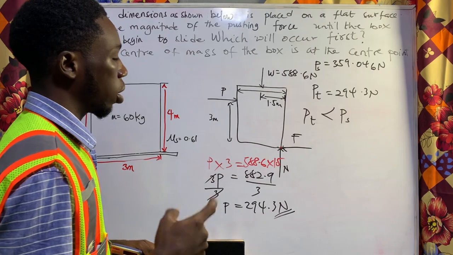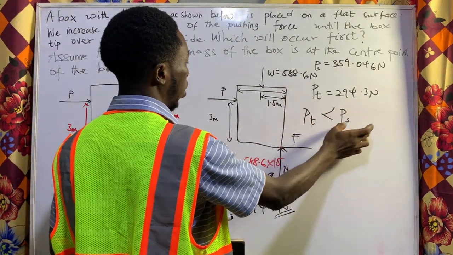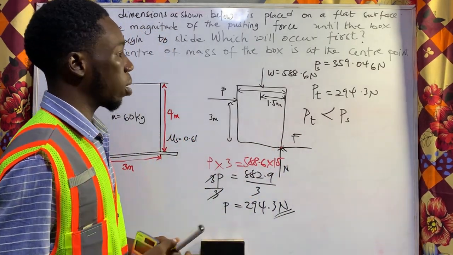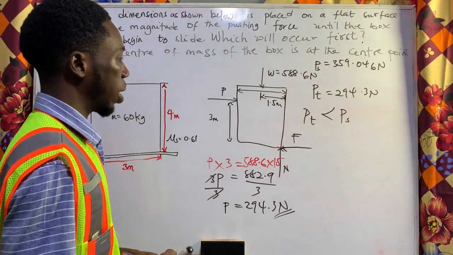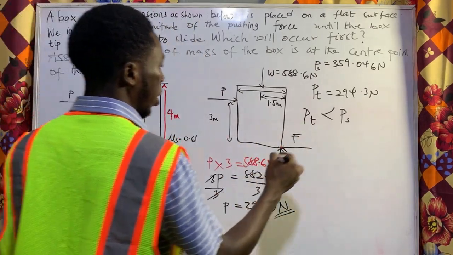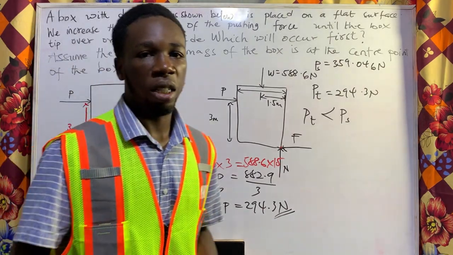As we keep increasing the force, we are going to get to this value first before we get to this value here. So that tells us that tipping is going to occur before sliding, and if sliding will occur, then it will also occur. You get it? So within these two cases, the box is going to tip first. Okay, so that's how to go about this type of question.